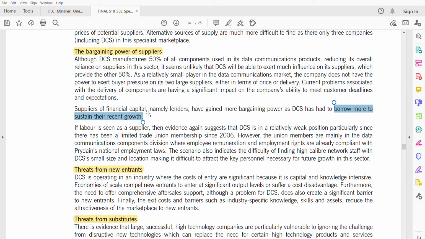So in that case, the lender has more bargaining power. The lender can do anything the way they want. They can change the terms, they can change the conditions of the loan, because they know even if they change the conditions, DCS will still stick to them, still borrow from them, and will not stop borrowing. Why? Because they need to sustain their recent growth.